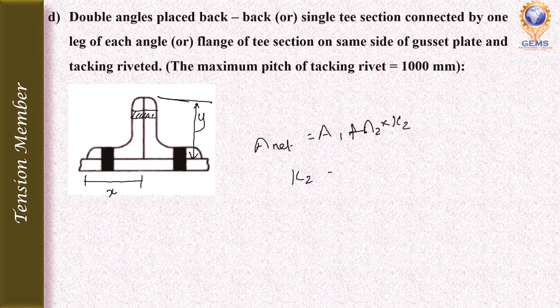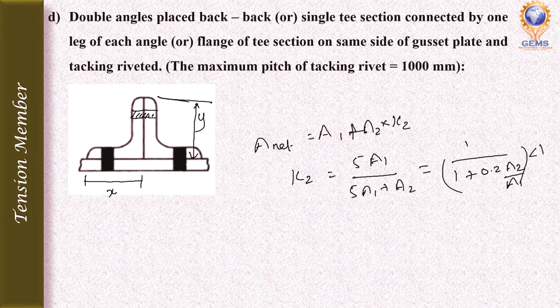K2 is 5A1 by 5A1 plus A2. If you simplify, it will be 1 divided by 1 plus 0.2 A2 by A1. It should not be greater than 1. It should be less than 1.